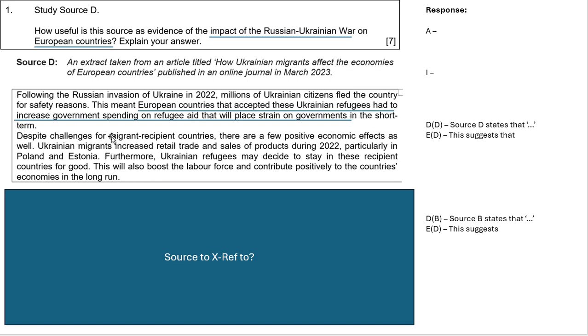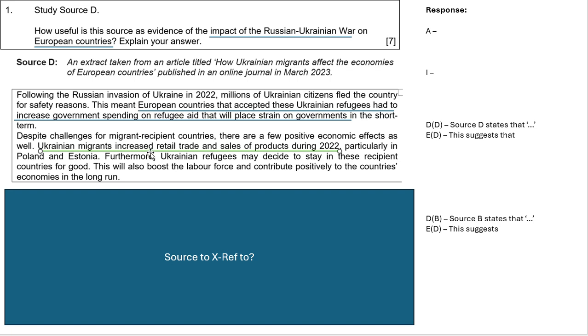Anything else? You realize that the second part talks about some positive economic effects as well, right? For example, the migrants or the refugees have increased trade and sales of products in the European countries, which means when they go over to your country, they're actually buying your goods. So this is good for the local economy. They are buying local products.